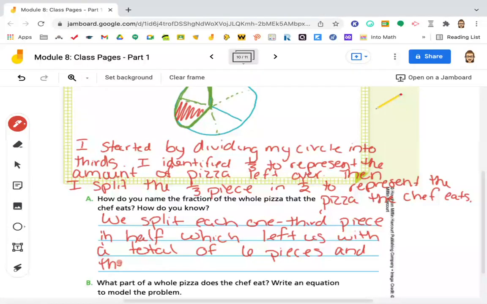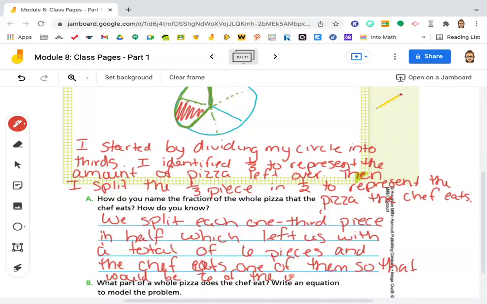And the chef eats one of them. So that would be 1/6 of the whole pizza.